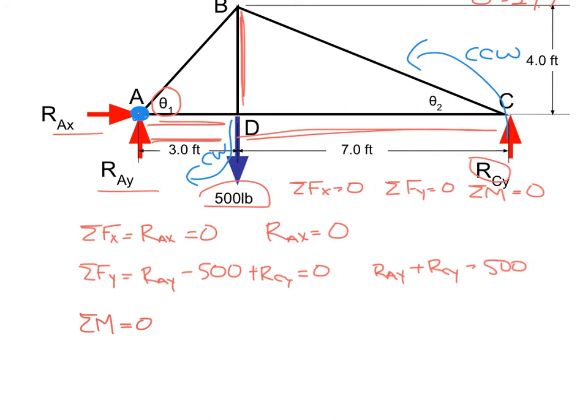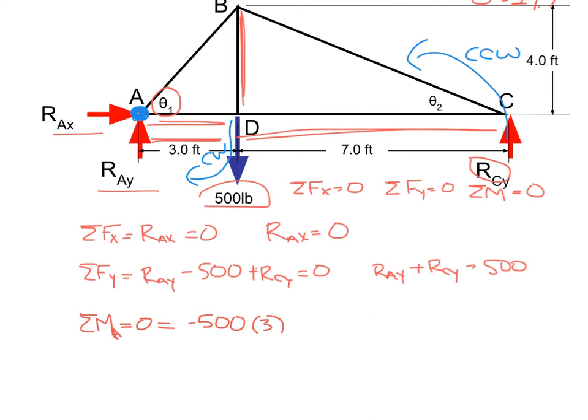So if I'm going to calculate my moment acting around point A, I have my 500 pounds, and remember that's going to be negative, and moment is force times distance. The distance between A and that 500 pounds is 3 feet, so negative 500 times 3, because it's going clockwise.